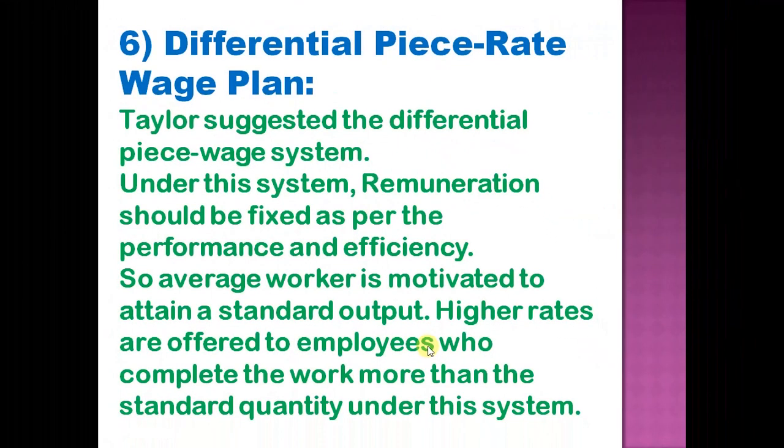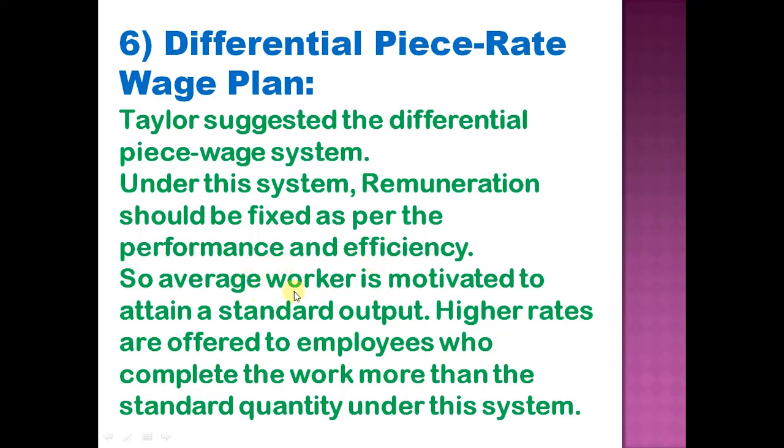The last technique is the differential piece rate wage plan. See, differential means different. Piece rate wage plan means there must be different wages for the different workers. Taylor suggested this system, and under this system the remuneration should be fixed as per the performance and efficiency of the workers.